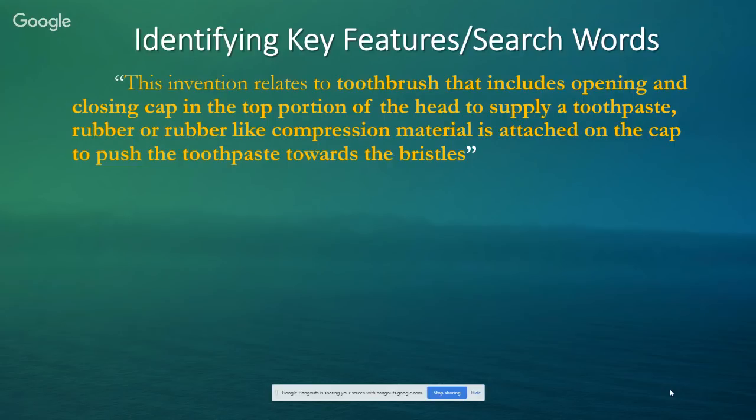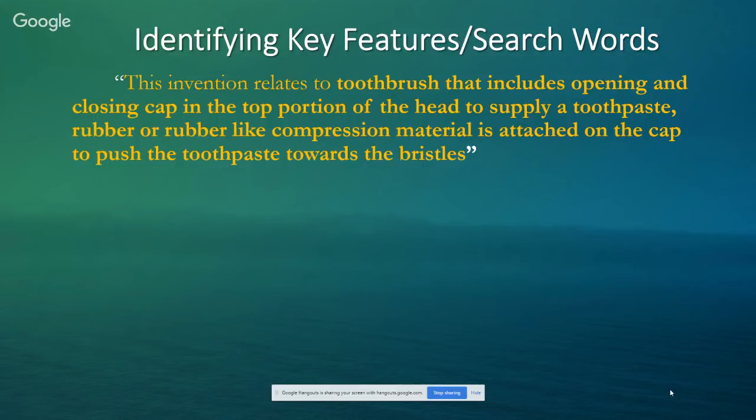So the key is identifying key features of the search words. And this is a sample disclosure. I call it the key features of search words, or you can call it a problem solution statement. Every patent you see is a solution to an existing problem that is prevalent in the field.